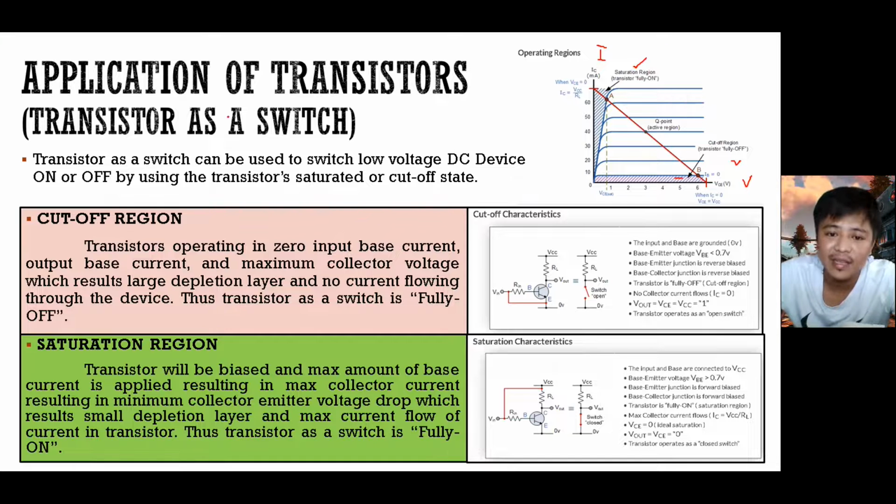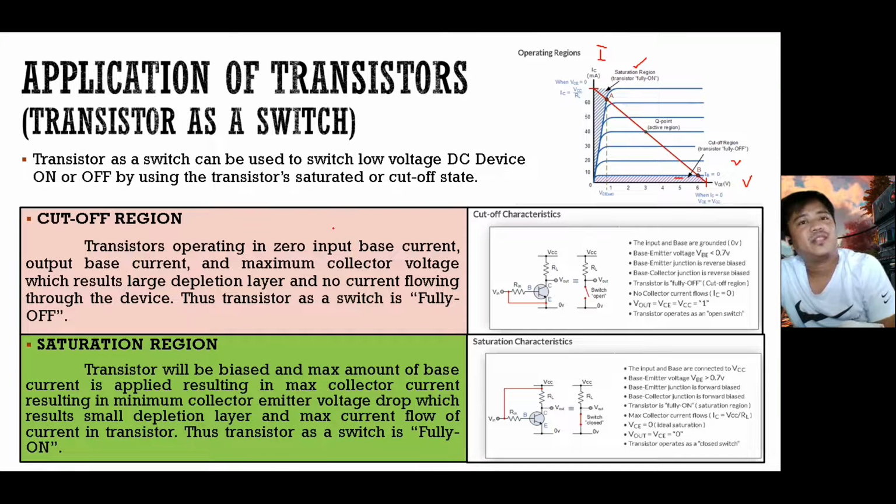So what does that mean? If the voltage is not enough for the transistor to be switched on, then it is in the off state.